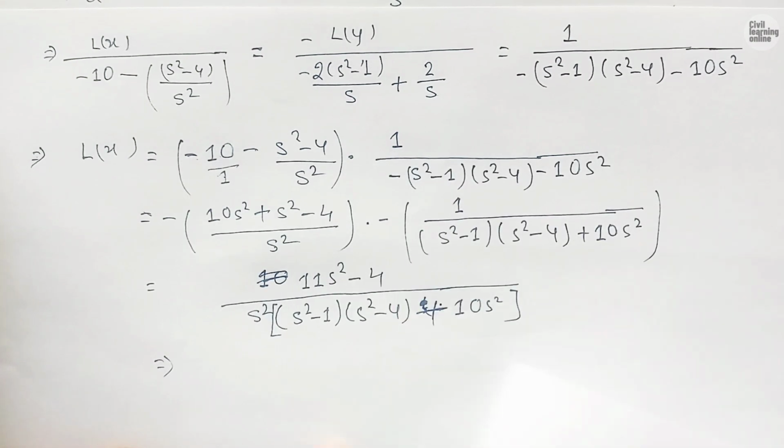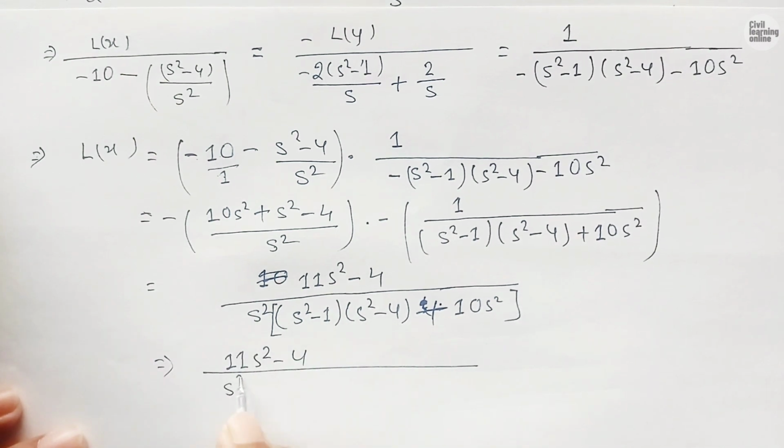So on factorizing this, we got 11 s square minus 4 upon s square times (s square plus 1) and (s square plus 4).